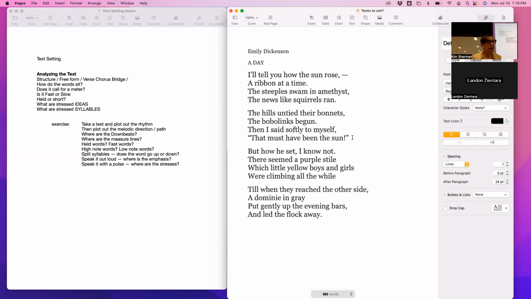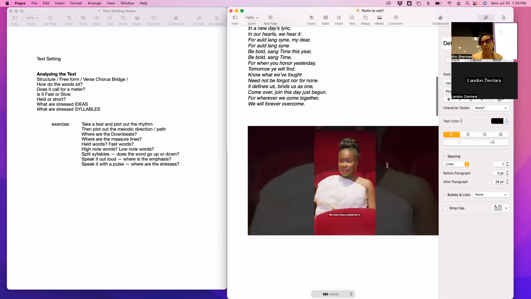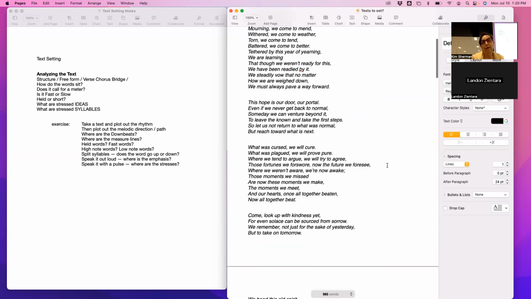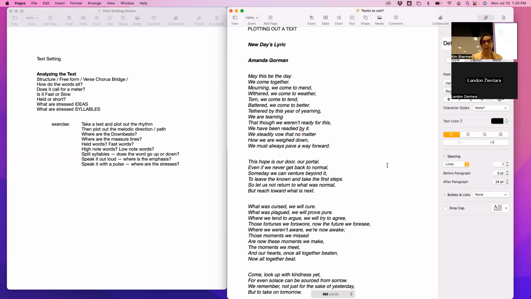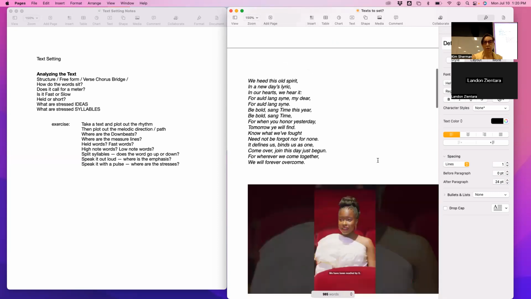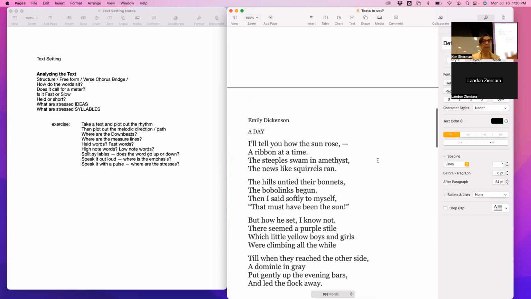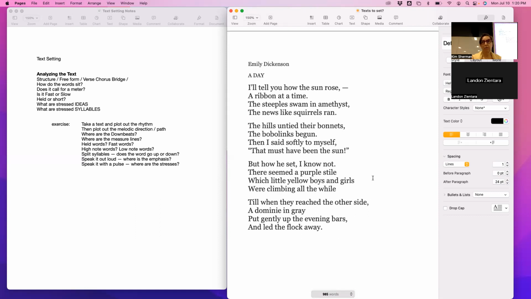So do you have either a text in your mind that you want to play with, or just a piece of one of these texts that I have here? It could just be a part, obviously it would take a long time to plot out the Amanda Gorman work. Do you have any feeling about what we should try?